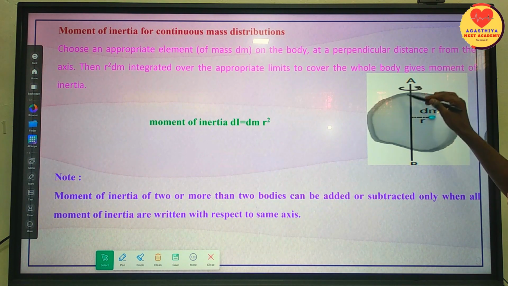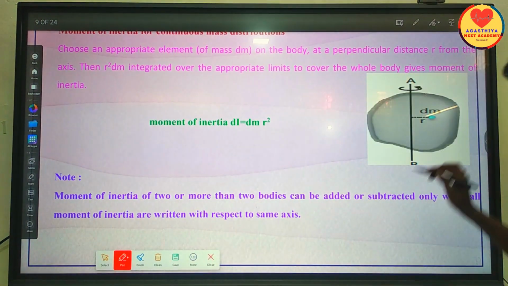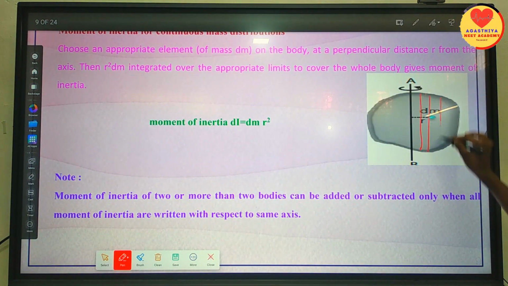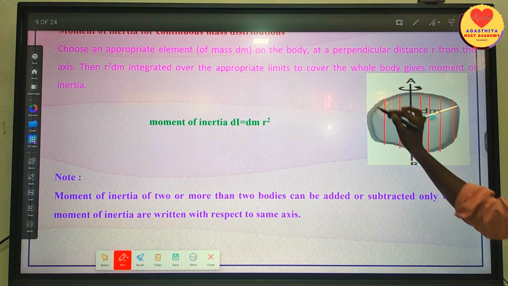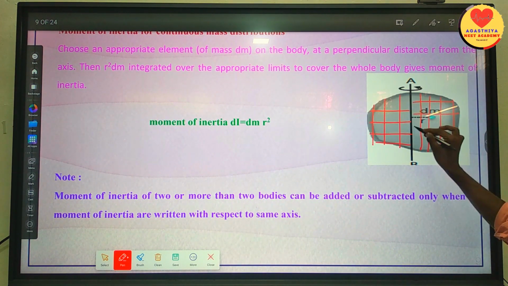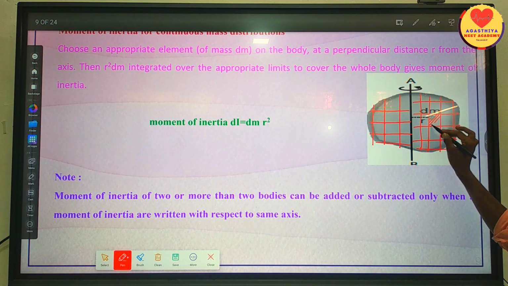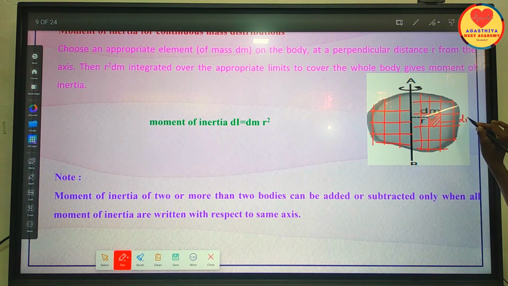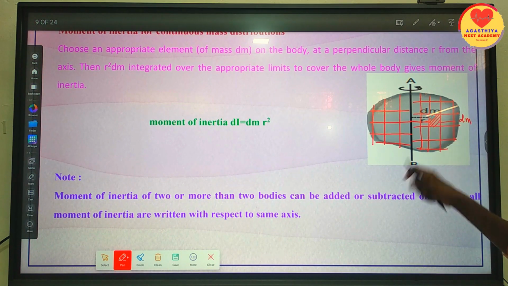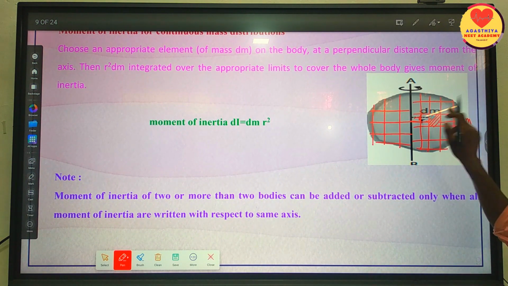The whole object is divided into small portions. Consider one small portion of mass dm at a distance r.